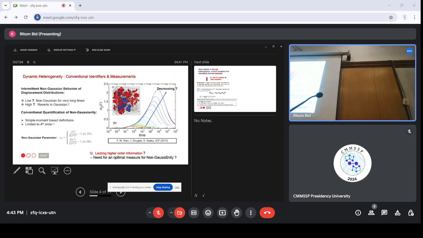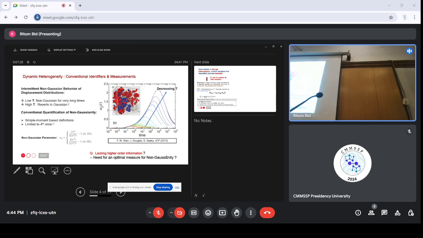But why are we telling all these things? There is more to do, more to understand. The take-home message from the story so far is that the displacement distribution for these complex liquids is non-Gaussian, and they remain intermittent for some time, which is somewhat shown here.